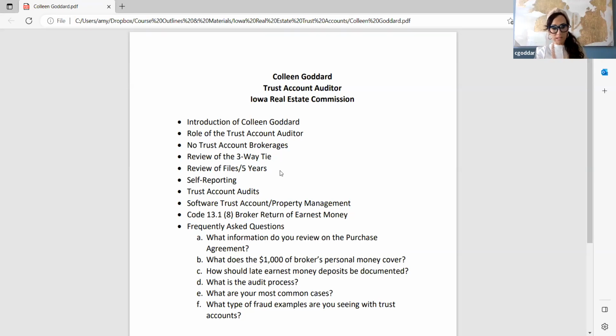Amy said, I called and said, I have a problem. I think I've had some embezzlement in my trust account. Or Colleen doesn't call. I wait till that auditor comes. I don't say a word. I hold my breath, hoping Colleen or that auditor, whoever's coming, doesn't question me.